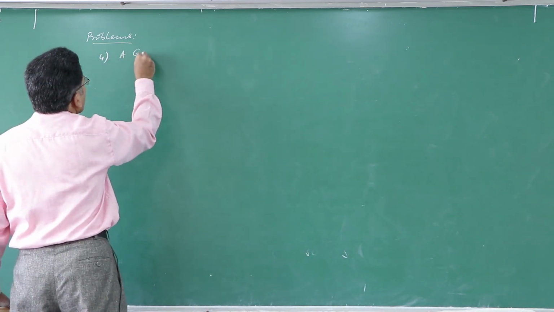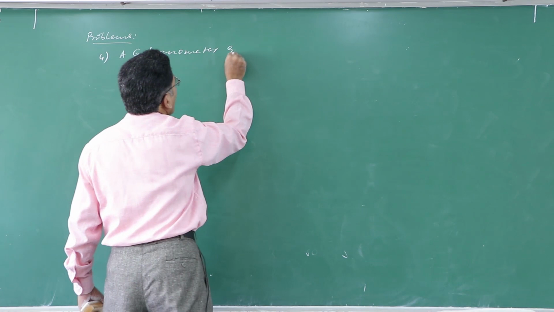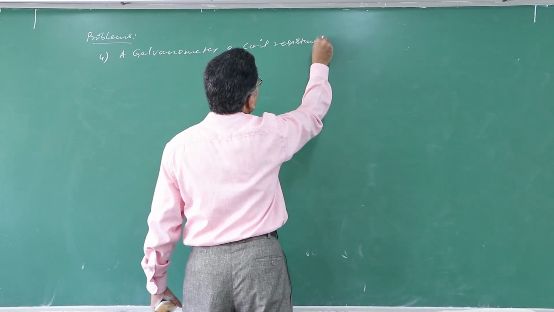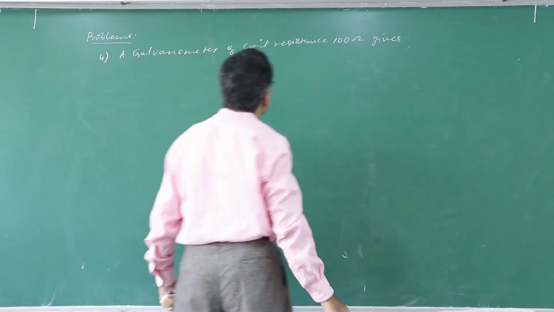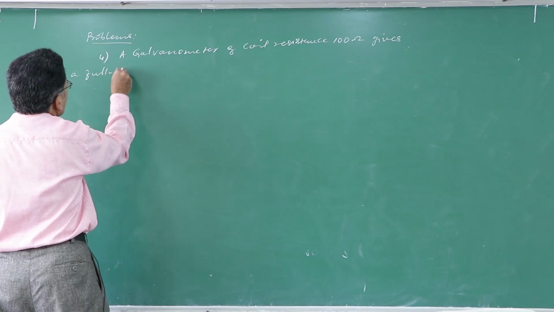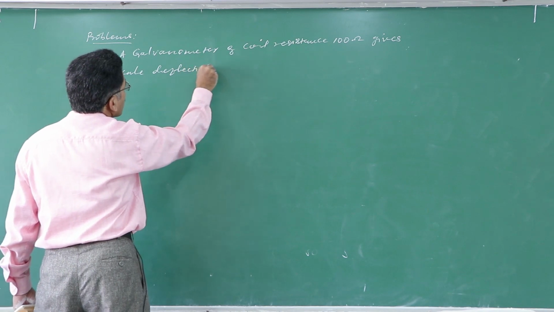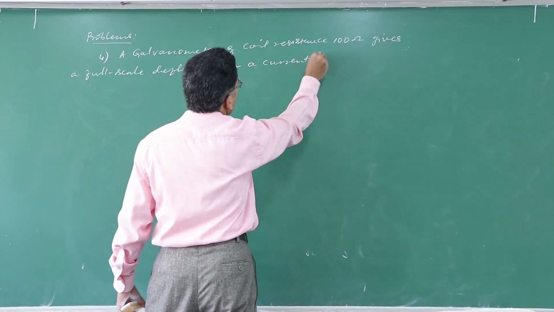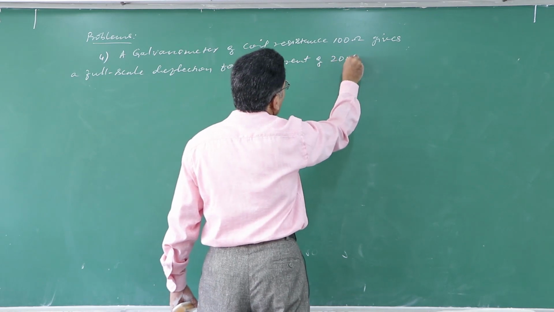A galvanometer of coil resistance 100 ohm gives a full scale deflection for a current of 20 milliampere.